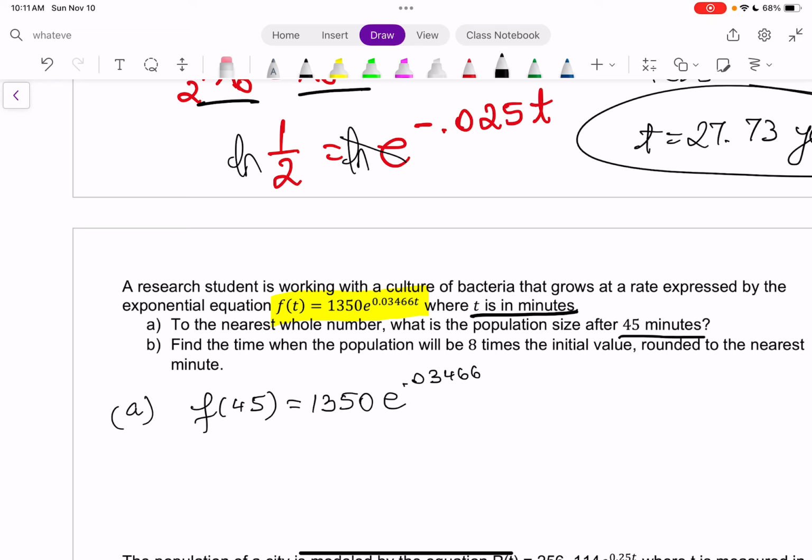So as you see in this problem, they've kept quite a lot of decimals up there at the rate. Didn't cut it too short.